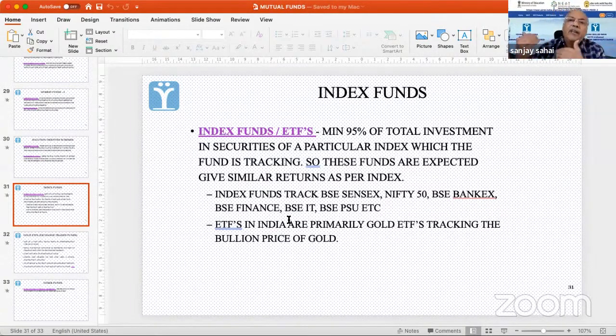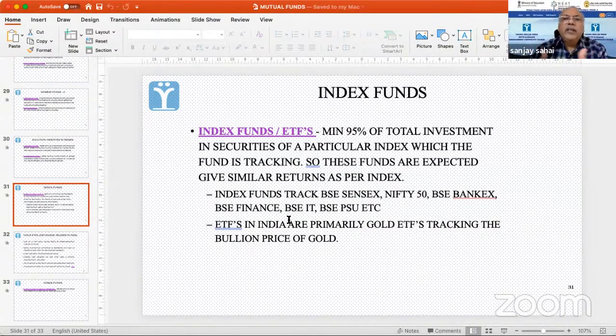They will again have 5% in HDFC, 4% in SBI, and the same 3% in Asian Paints. So it will track the index by investing in the same shares in the same proportion.